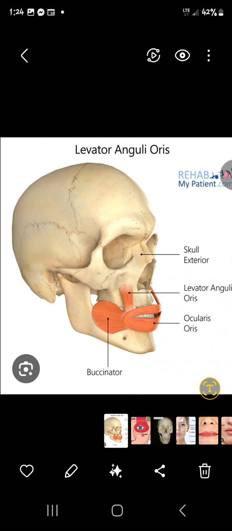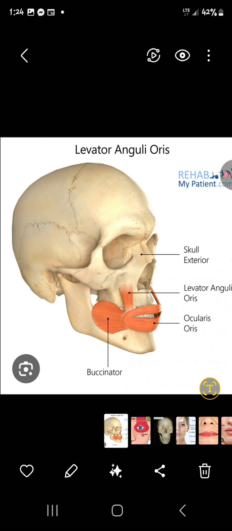It's not directly at the corner like the buccinator, but it's angled upwards at the corner, and you can see how it'll be right above the canine teeth. Otherwise, it's just hard to imagine it if you don't look at the picture.